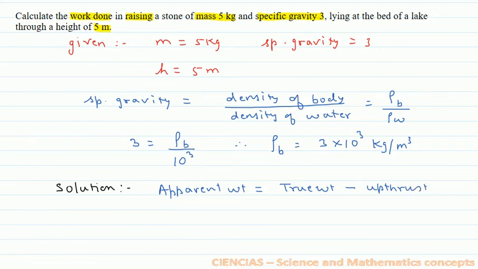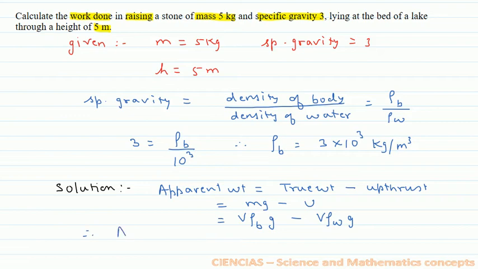True weight is mg, upthrust is U. Mg means volume of body into density of body into g, minus upthrust, which is the weight of the liquid displaced, that is volume of the body into density of water into g.